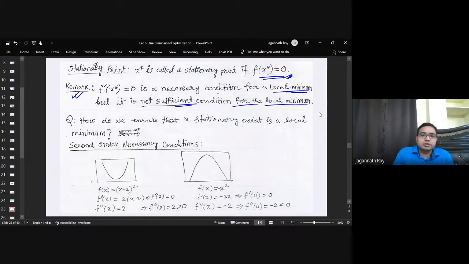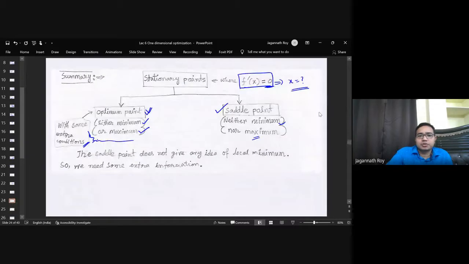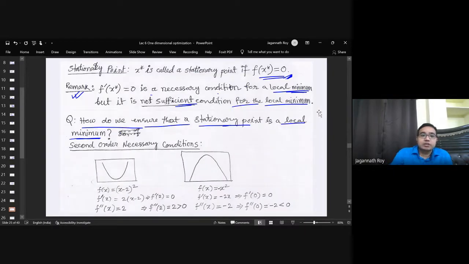So how to ensure that the stationary point, that particular stationary point, is a local minimum point? Okay. How to rule out this case? So for that, we need the second order necessary condition.